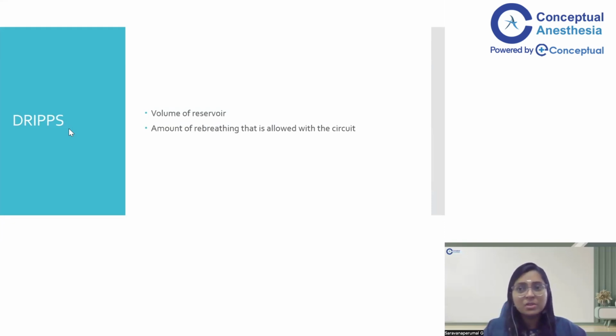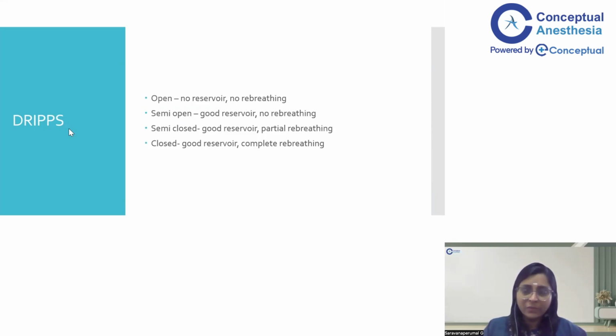This system is not used nowadays because of the obvious disadvantages, where he classified the systems into open, semi-open, semi-closed, and closed. So in open system, there is no reservoir and no rebreathing. In semi-open, there is a good reservoir, but there is no rebreathing. In semi-closed, there is a good reservoir and a partial rebreathing. And in closed, there is a reservoir and there is a complete rebreathing.